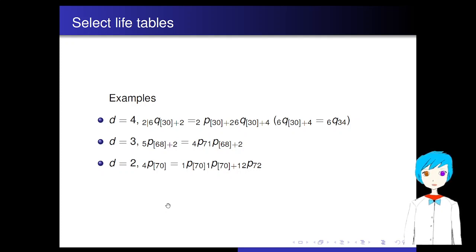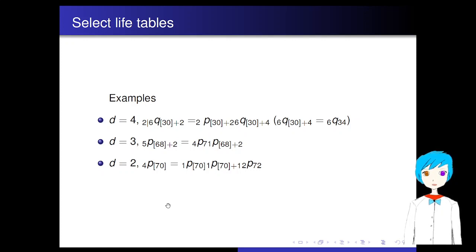So here are some examples of how to use the select life tables to calculate the survival probability p and the death probability q. For instance, the deferred q, after 2 years, for the death probability in the next 6 years when the selection happens at 30 years old, is 2|6q_30 = 2p_30 times 6q_[30]+2.